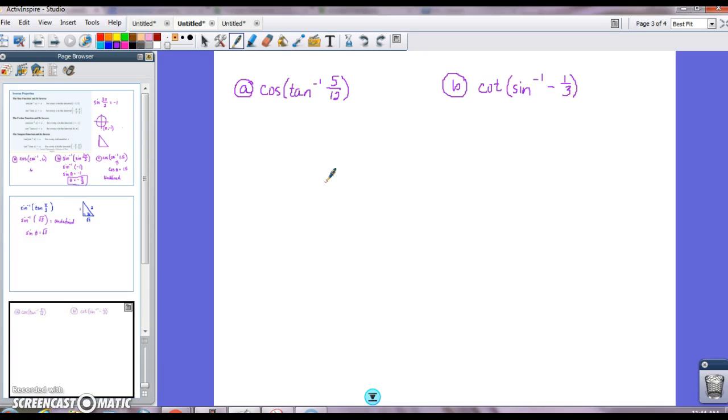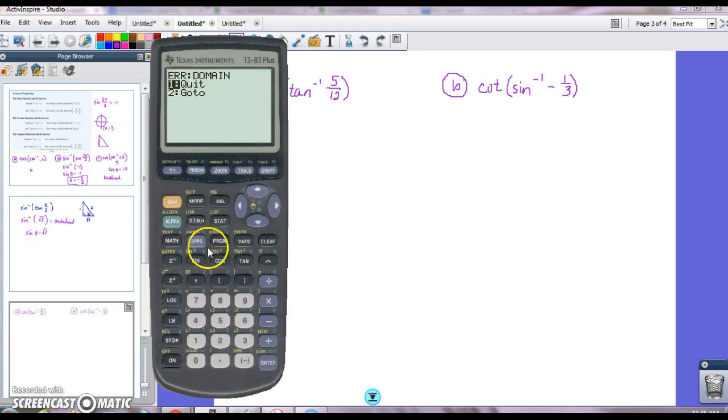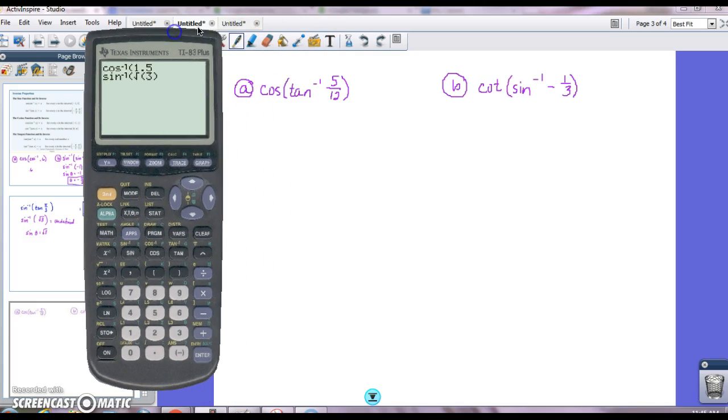If I'm going to do the problem just very straightforward, using the calculator, then I would start on the inside and work my way out. So I would say, let me quit out of there. So I would say second tan of 5 divided by 12.